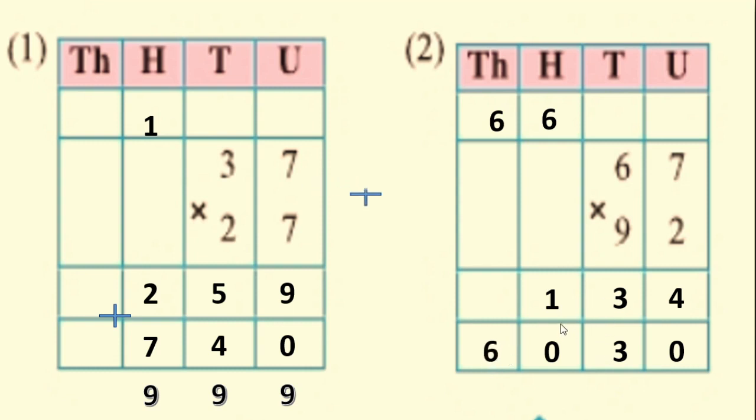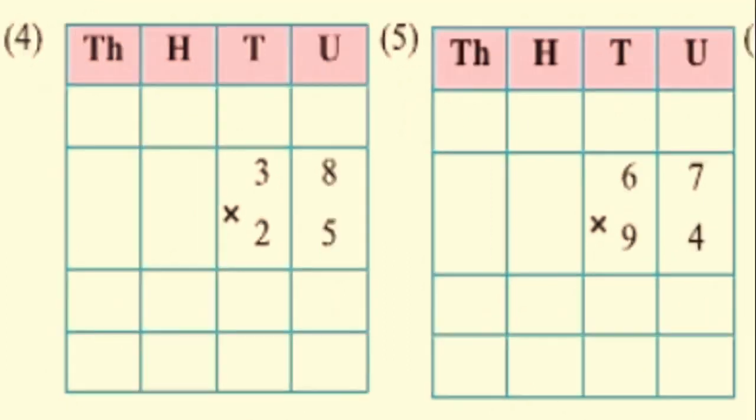Now we are going to add these two numbers. 4 plus 0, that is 4. 3 plus 3, that is 6. 1 plus 0, 1, 6. Correct? Now the answer is 6164. Right?